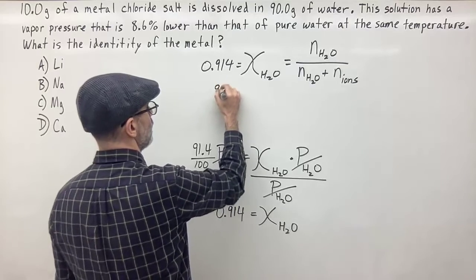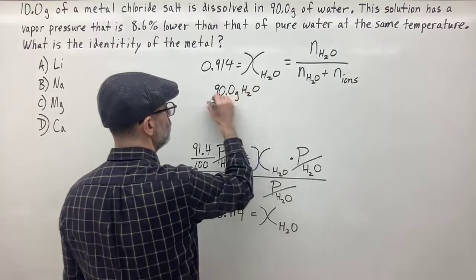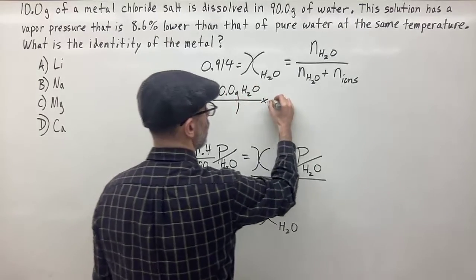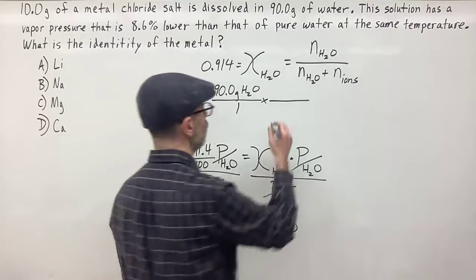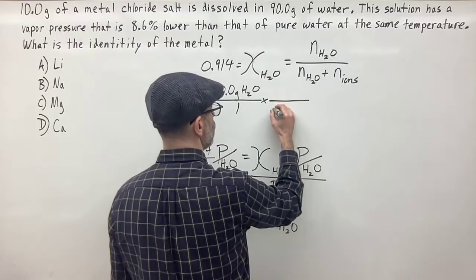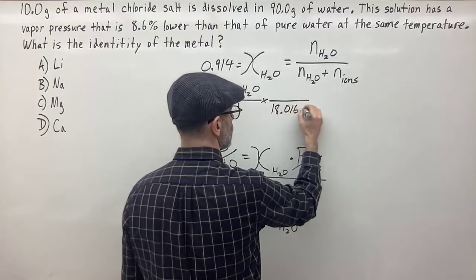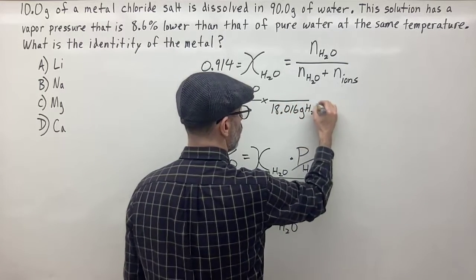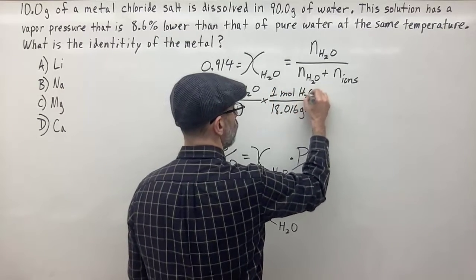So 90.0 grams of water, we're going to use the molar mass to convert grams to moles. So we know the molar mass of water is 18.016 grams of water per 1 mole of water.